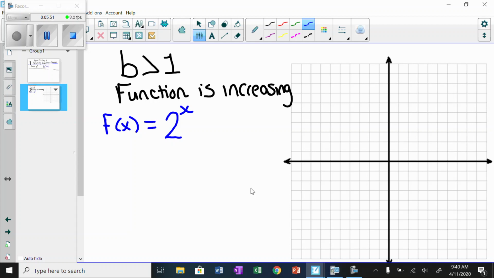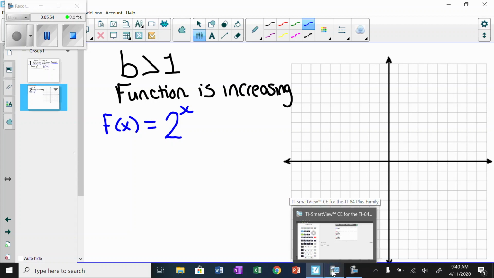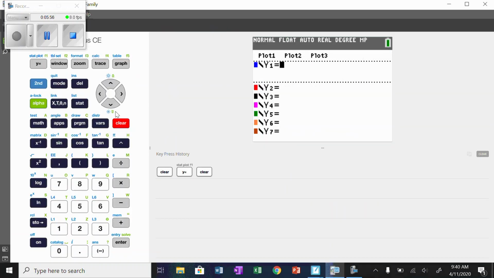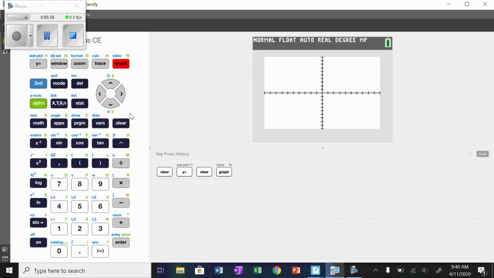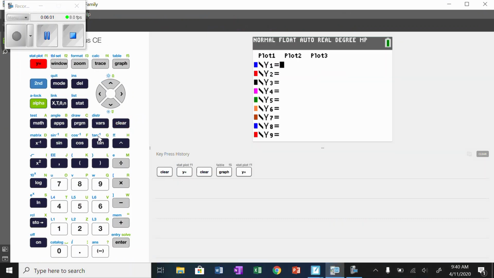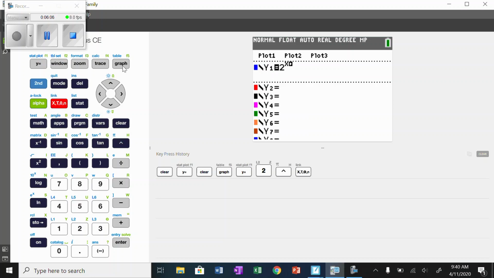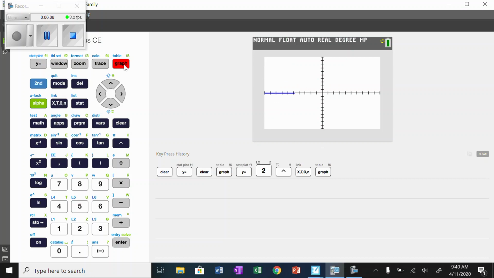Now let's go to our calculators and enter that in. So I'm going to have 2 raised to the x power. And there is our exponential growth. Okay. I want you to notice that it is hovering over the x-axis but never crossing it, which is huge.